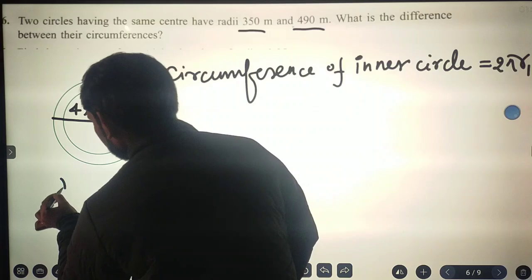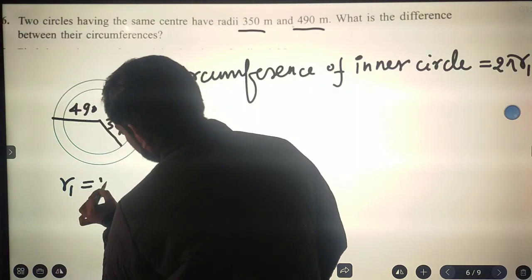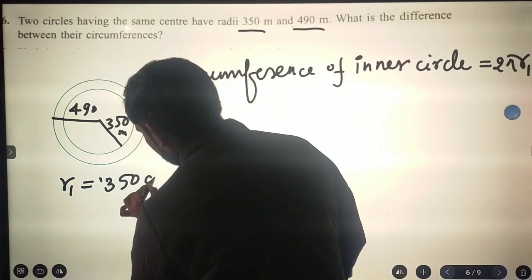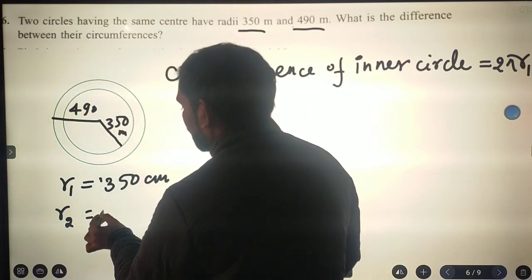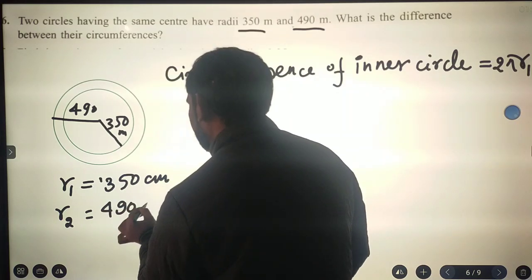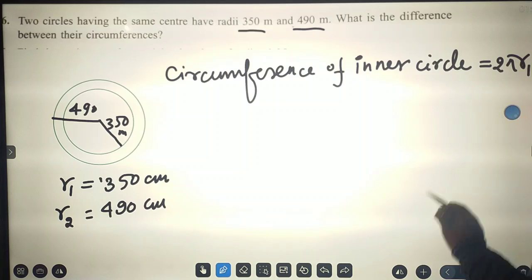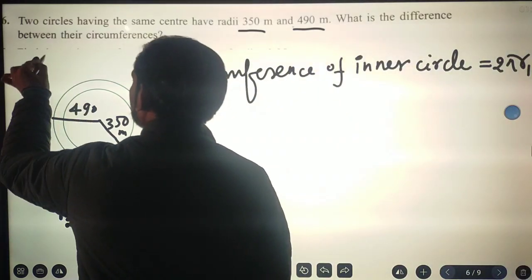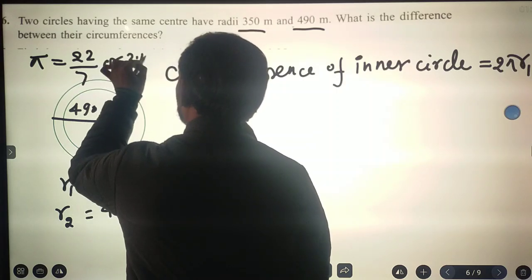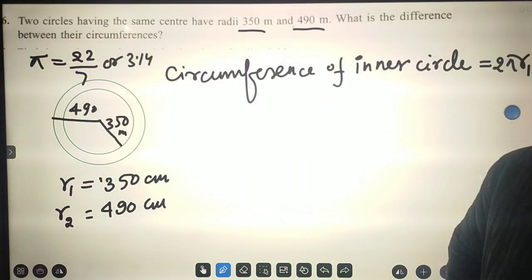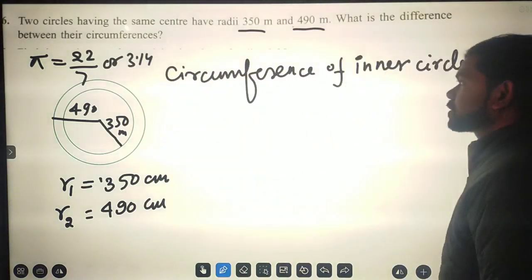Here we consider the radius of the inner circle, represented by r1, which is 350 centimeter, and the radius of the outer circle is represented by r2, which is 490 centimeter. So we write the formula 2 pi r1. We know that the value of pi is 22 upon 7 or 3.14. Since the radius is a multiple of 7, we use 22 by 7 in place of pi.